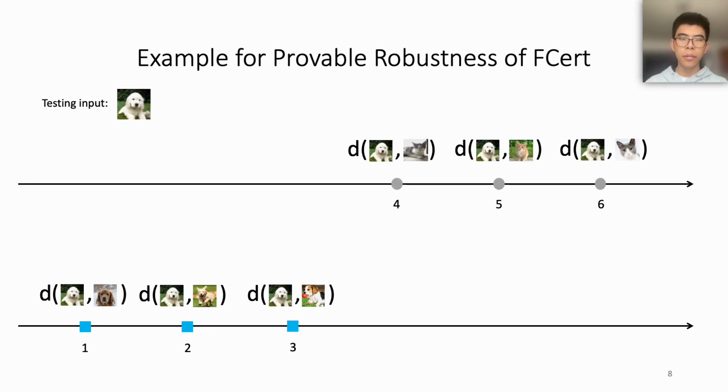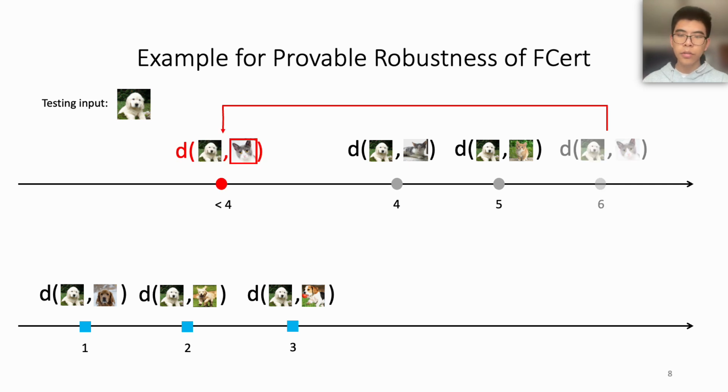Next, we use this example to illustrate the provable robustness of FCert. Suppose that before attack, the feature vector distances of the 3 cat images to the testing input are 4, 5, and 6, and the feature vector distances of the 3 dog images to the testing input are 1, 2, and 3. To minimize the robust distance for the cat class, the best strategy of the attacker is to change the cat image with the largest distance to become the smallest. The new robust distance after this attack is 4, and that is the robust distance lower bound for the cat class.